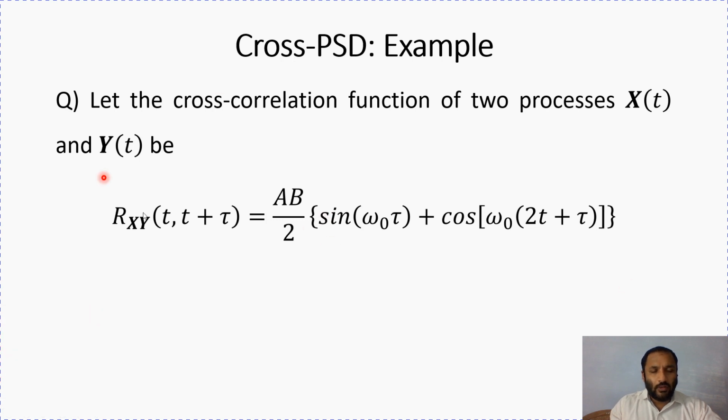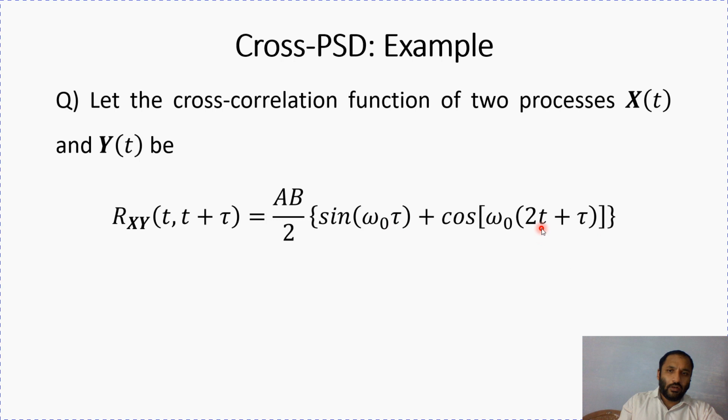Now if you look at the right side of this expression, clearly such a cross correlation function is actually dependent on time t. It doesn't have only tau, it also has some terms which are dependent on the independent variable t, the time.